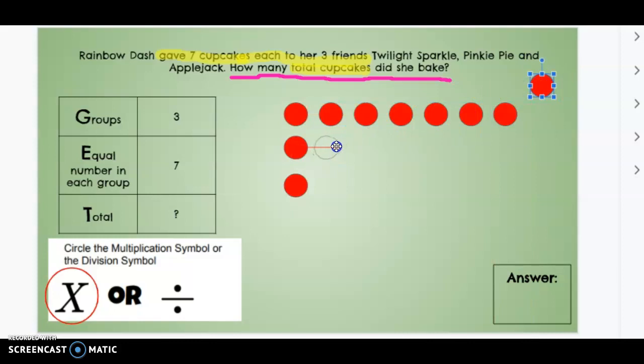And then I'm just going to fill this in. Every friend is going to get 7 cupcakes. And remember, you want to try to line it up as best as you can. I know it can be kind of tricky to get it lined up perfectly, and that's okay, but I want it to just be as lined up as possible.